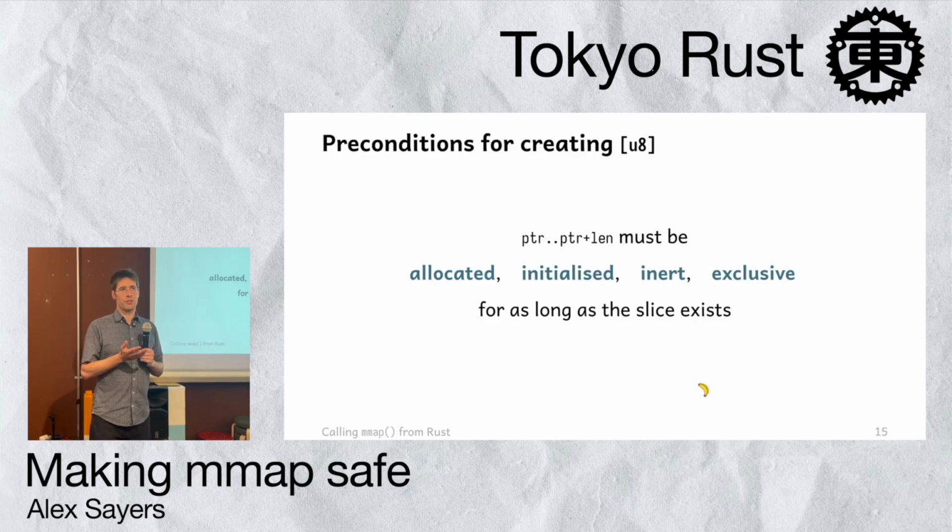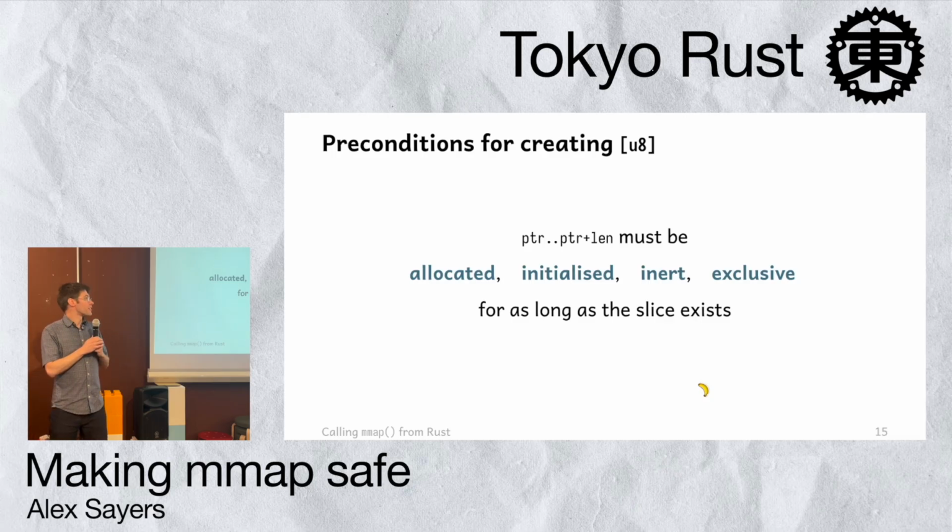For example, if you have a struct, the padding bytes between the fields, there's no way to read those from safe Rust. So you can leave those uninitialized and it's fine. But we're creating a slice of u8. Every single byte of that is readable from safe Rust. So we need to make sure that all of those bytes are initialized before we make a slice out of them.